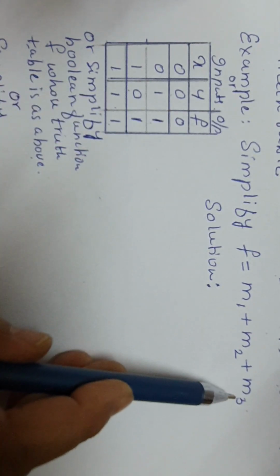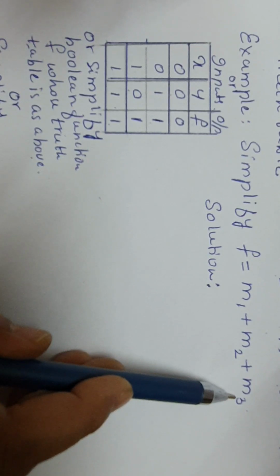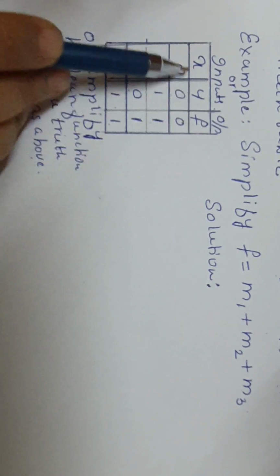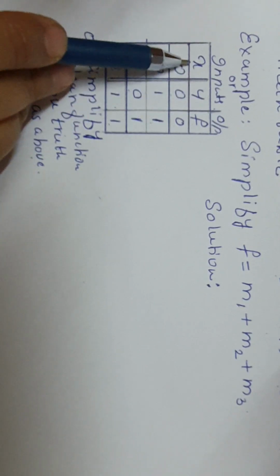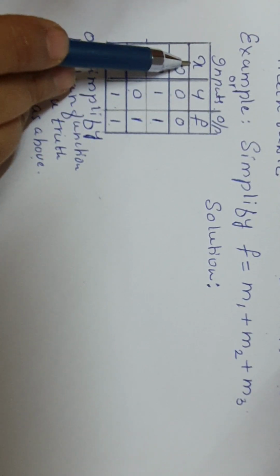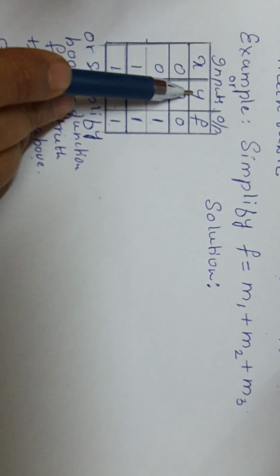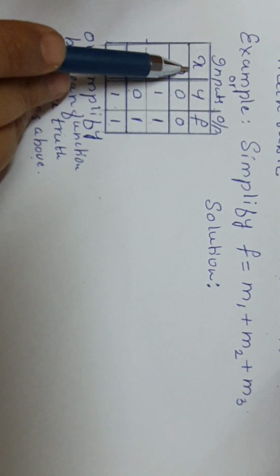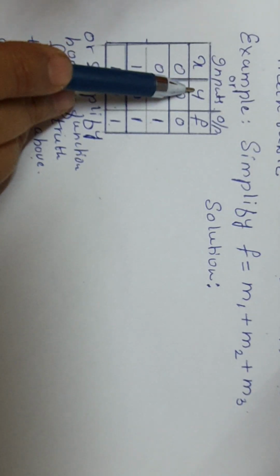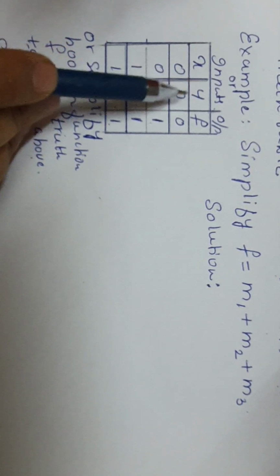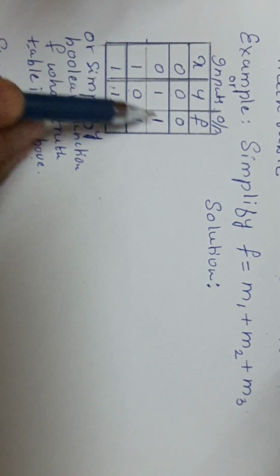The maximum number is 3 here, so it can be expressed using 2 bits. Hence, we take two variables here and we name them x and y. Using a and b also we can name them, but here we have taken x and y as the two input variables. All the four combinations are listed.